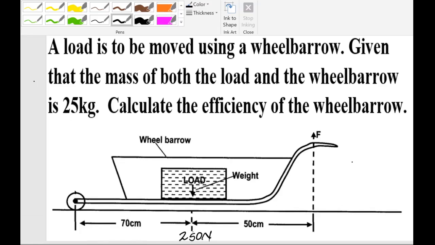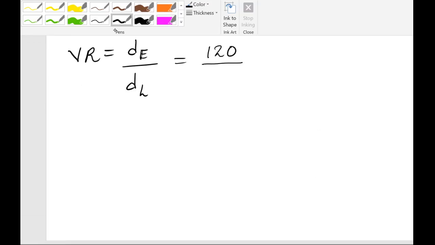When we divide 120 divided by 70, the answer is giving us 1.7. So the velocity ratio is 1.7.